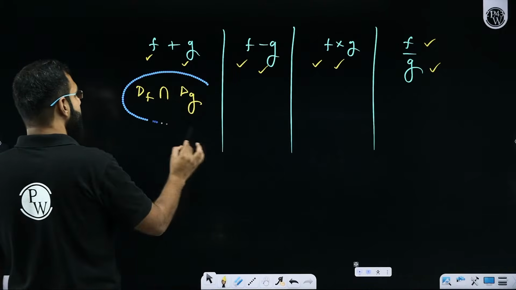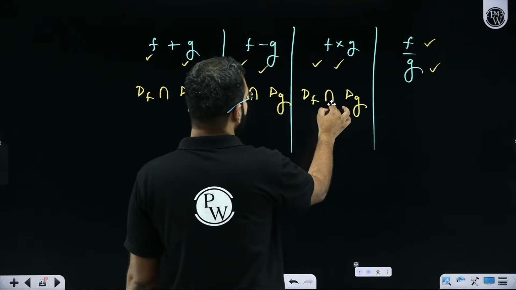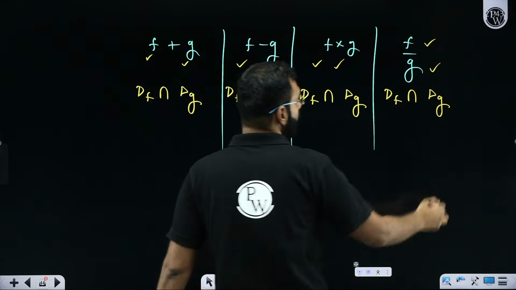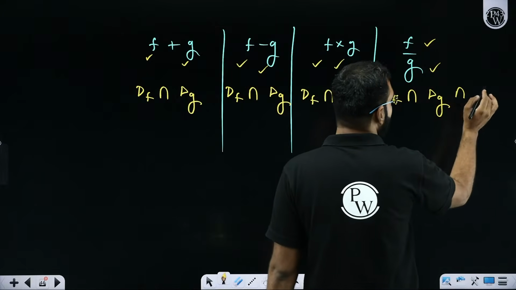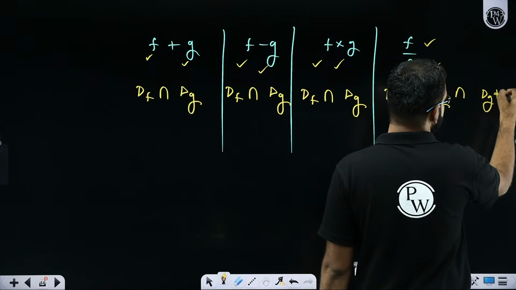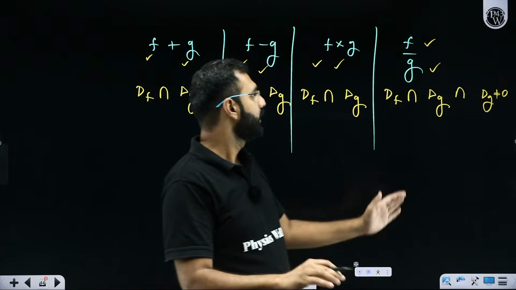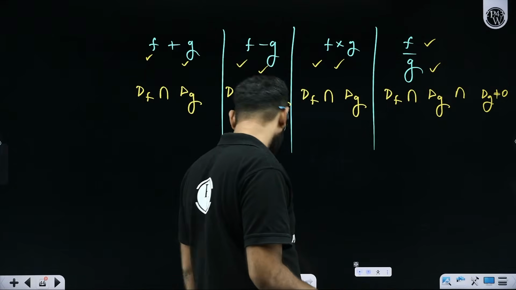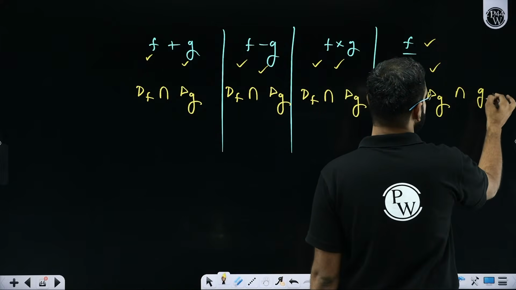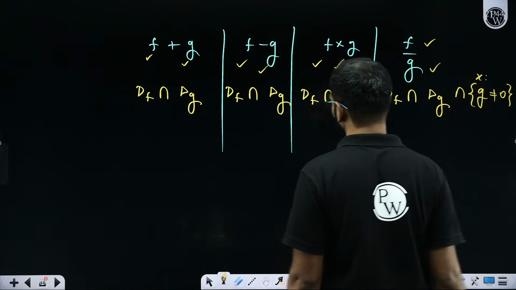Not just that, the same domain will be of f minus g, the same domain will be of f into g, and the same domain will be of f by g, with one more thing: I will avoid all the values of x where g is becoming 0. So I repeat, the values of x for which g is becoming 0 should also be avoided. All of those values of x will not be taken.